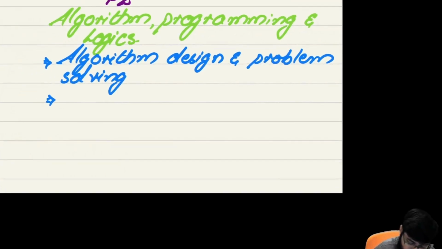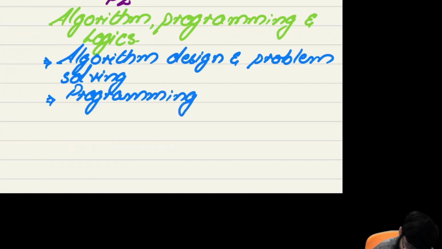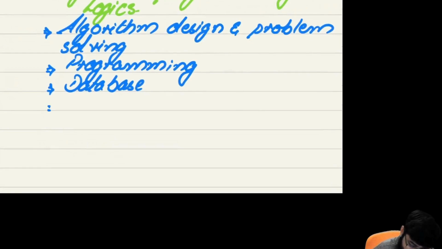Second topic is regarding the programming. Then we do have database. And at the last, what do we have? We have Boolean logics.